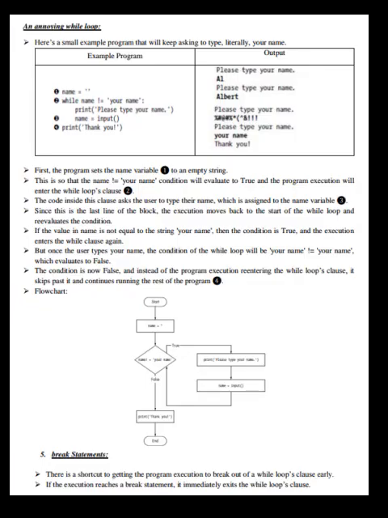An annoying while loop. Here is a small example program that will keep asking you to type literally your name. First, the program sets the name variable to an empty string. This is so that the name is not equal to "your name" condition will evaluate to true and the program execution will enter the while loop's clause.